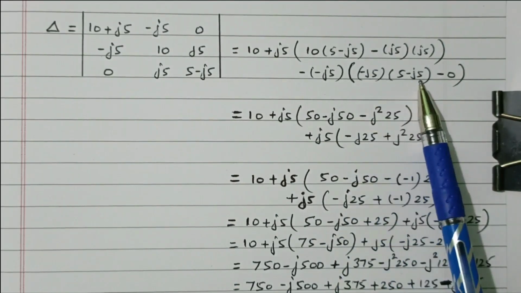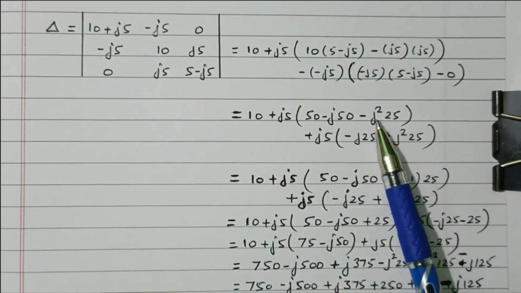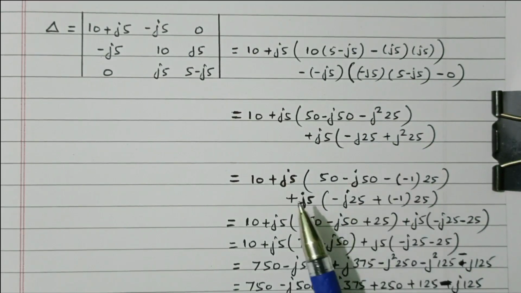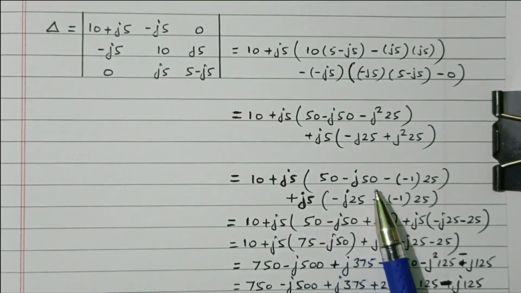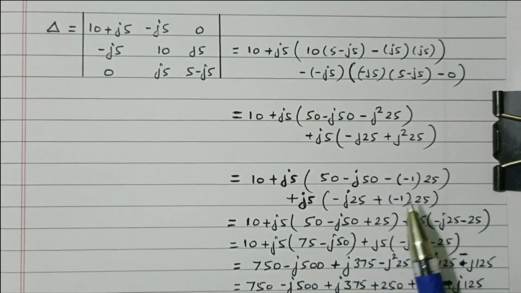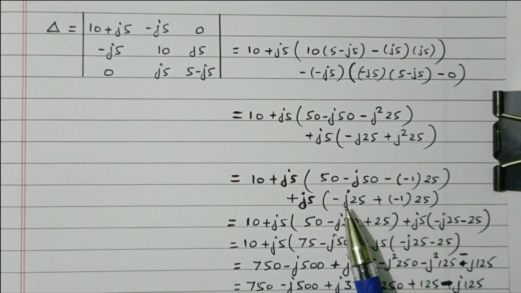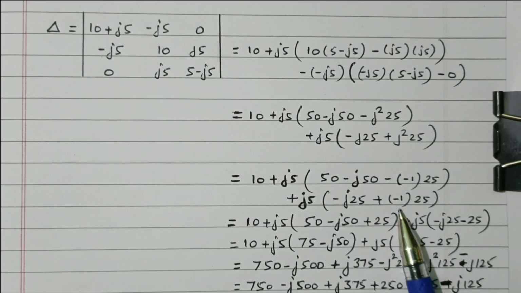Minus j5 into minus j5, so it is plus j square 25. We know that j square value is minus 1. We will substitute that: (10 + j5) into (50 − j50 − of this j square, which is minus 1, into 25 + j5 − j25 + this j square is minus 1, 25).